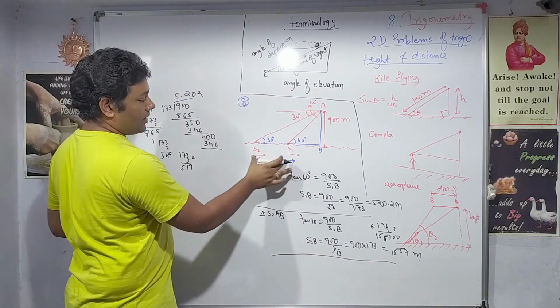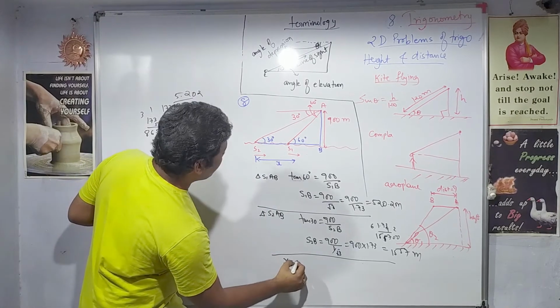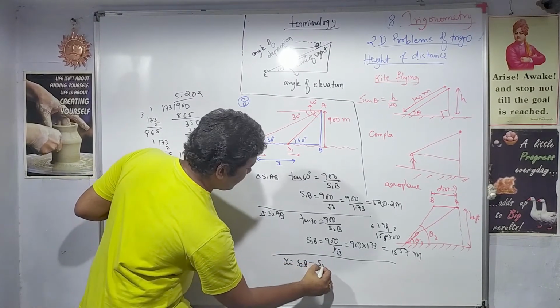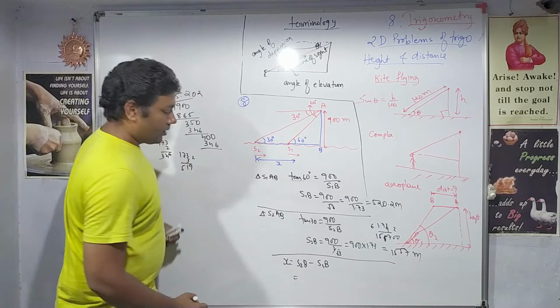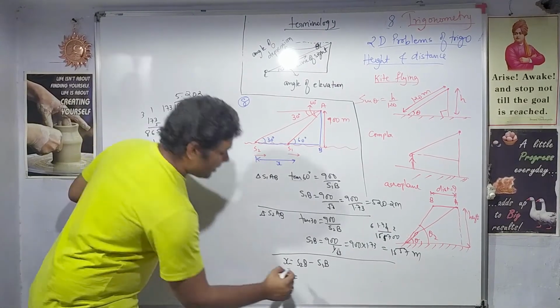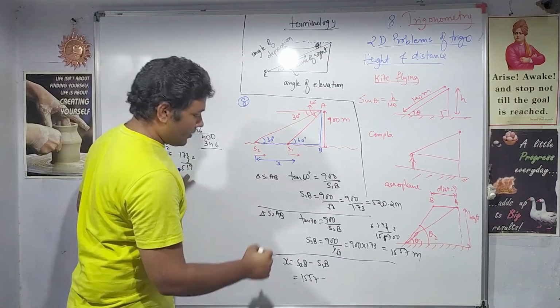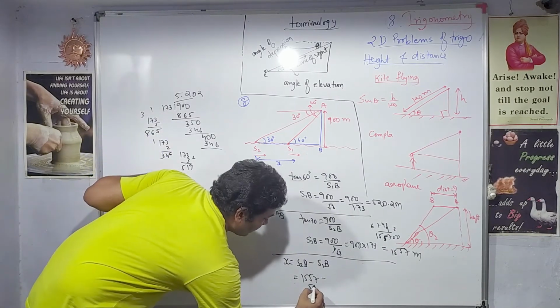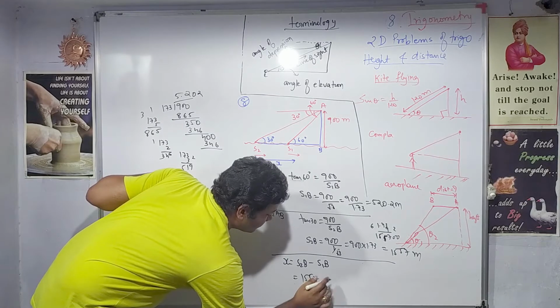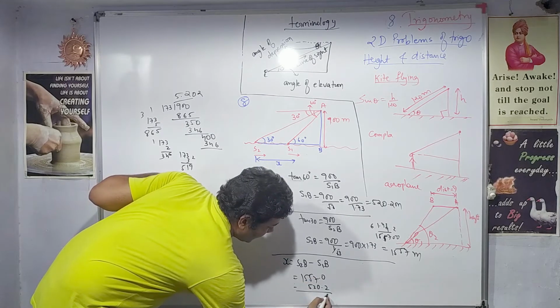So as I see, distance x will be equal to S2B minus S1B, correct? So S2B is 1557 minus S1B is 520.2.